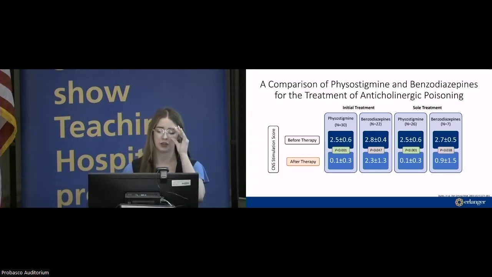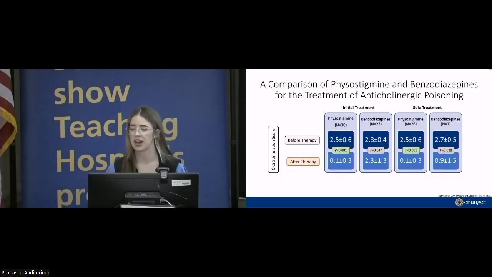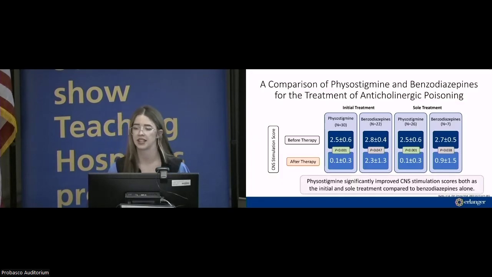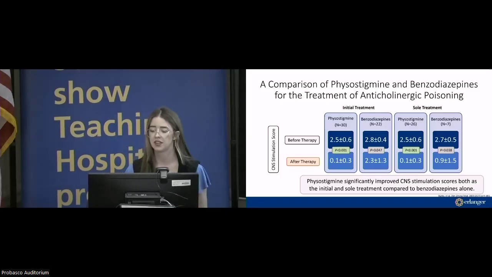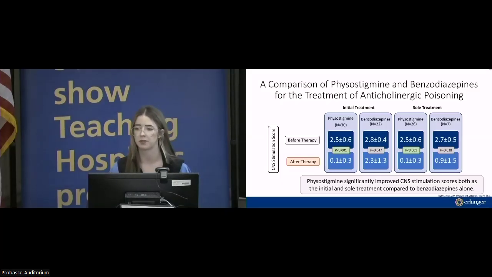However, when analyzing the patients who received only physostigmine or only benzodiazepines, the trend still remained that physostigmine significantly improved CNS stimulation scores, while benzodiazepines did not. So the authors concluded that physostigmine significantly improved CNS stimulation scores, both as the initial and sole treatment compared to benzodiazepines alone.